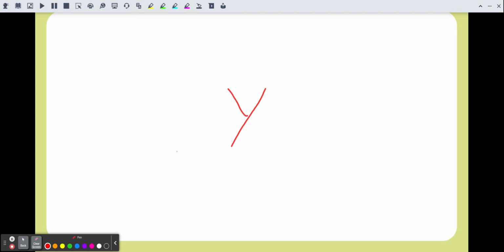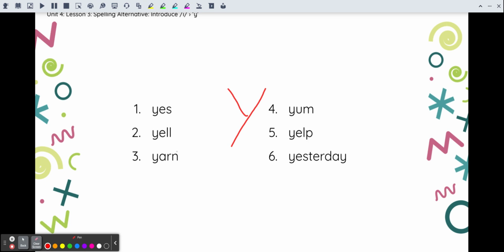Remember in kindergarten you learned the letter Y makes a consonant sound, yuh. Do you notice any patterns of the letter Y in these words? That's correct. It is the first letter in almost all of these words. When the letter Y occurs at the beginning of a word or a syllable, it represents the Y sound.